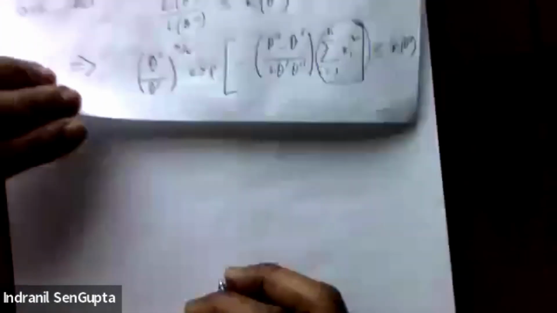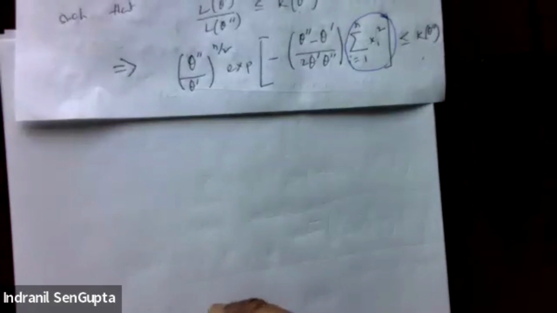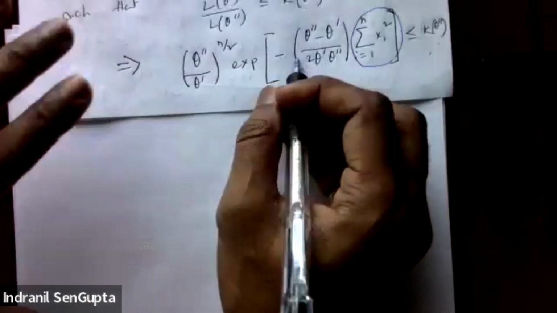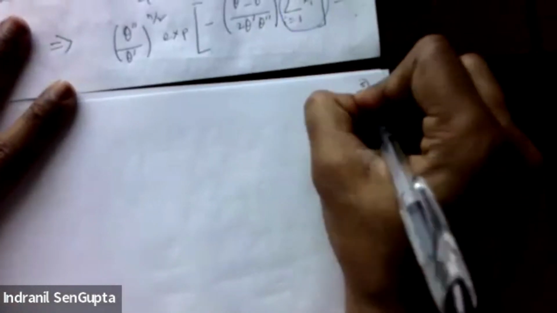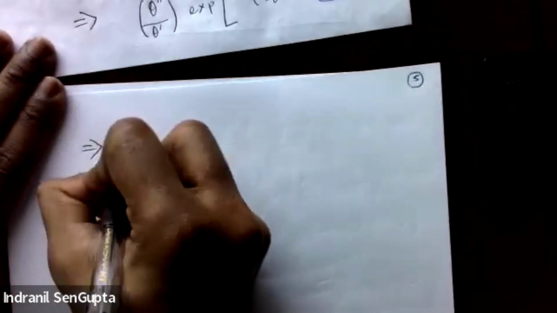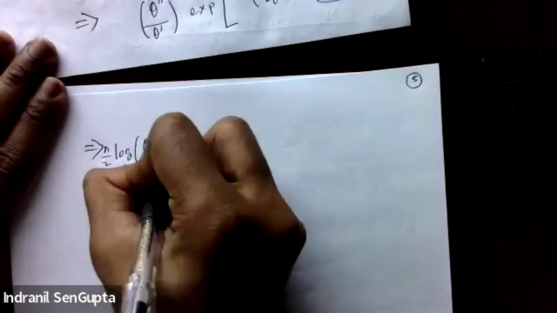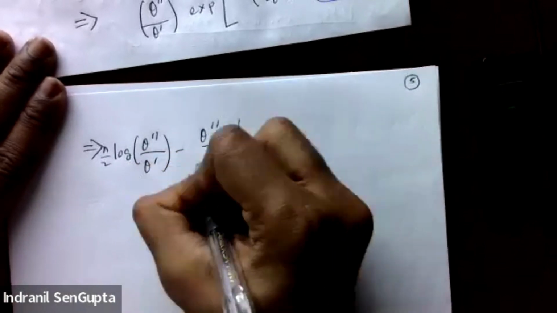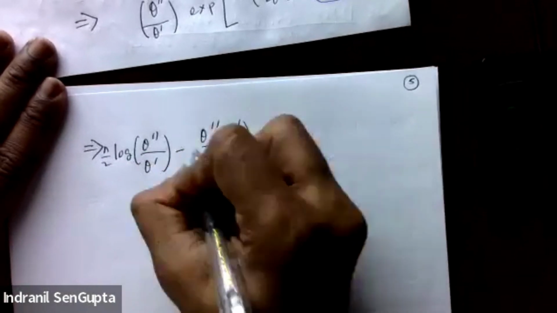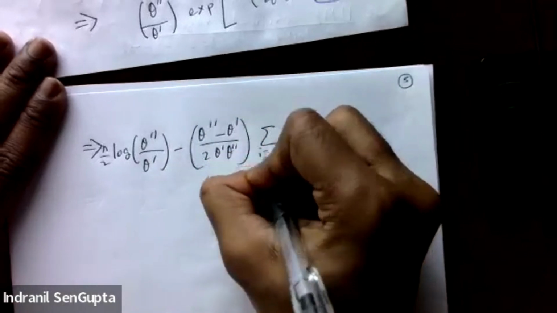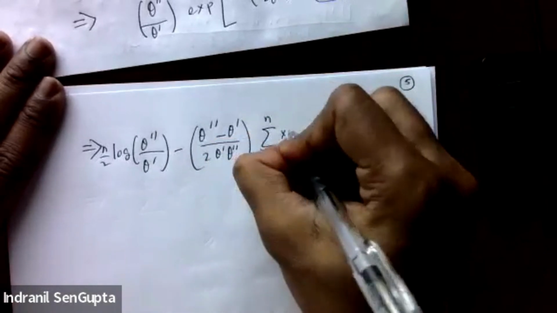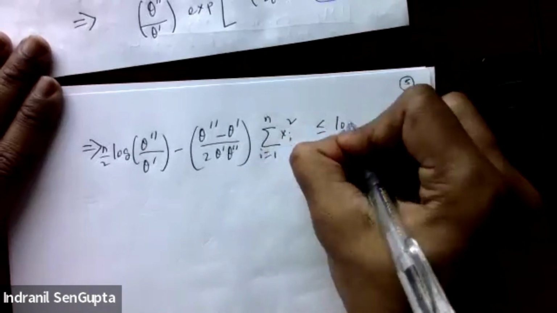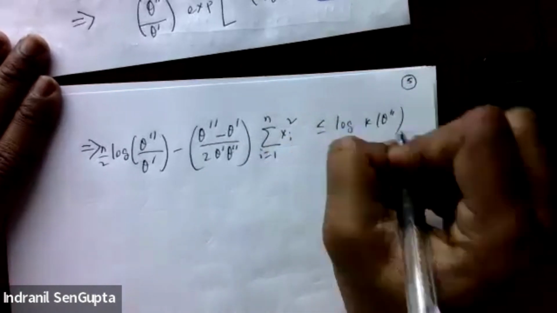All right. So after this one, let's see. If you take the logarithm of this quantity, what we have is n over 2 log of theta double prime over theta prime minus theta double prime minus theta prime over 2 theta double prime summation i from 1 to n xi squared is less than log of k theta double prime, right?